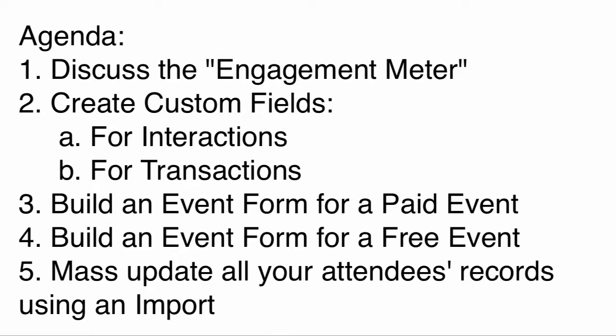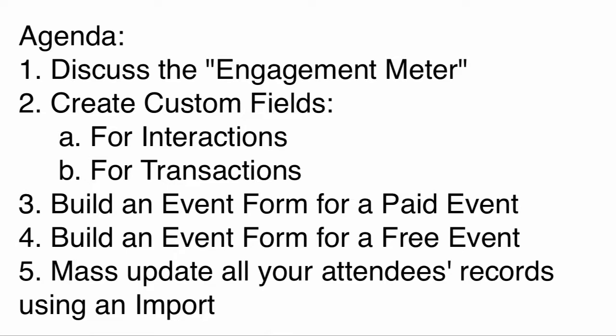And finally, at the very end, I'm going to show you how to take the results of an event and update everybody's records using the import function. So you have a great event, you have 300 people come to it.